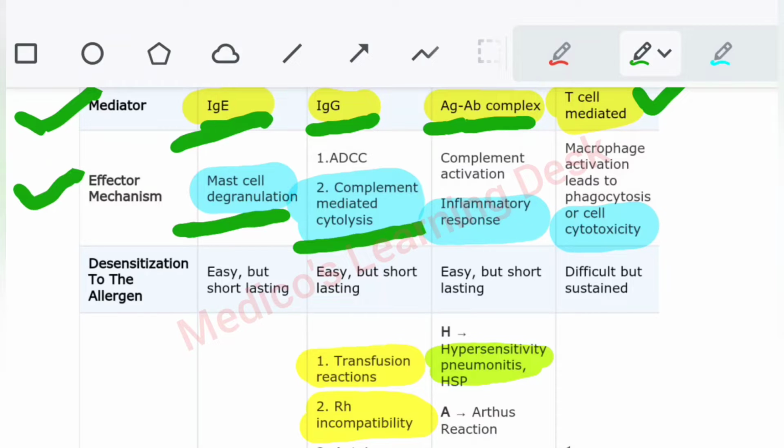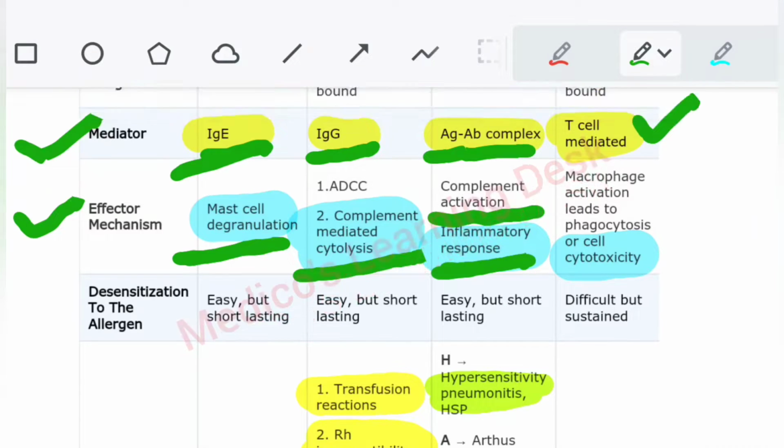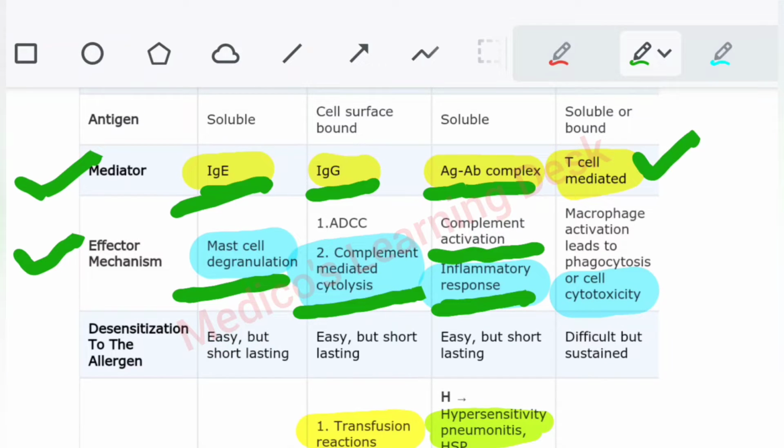In type 3 also there will be complement activation and an inflammatory response. And in type 4 it will be T cell mediated, that is it will lead to macrophage activation leading to phagocytosis or cytotoxicity.